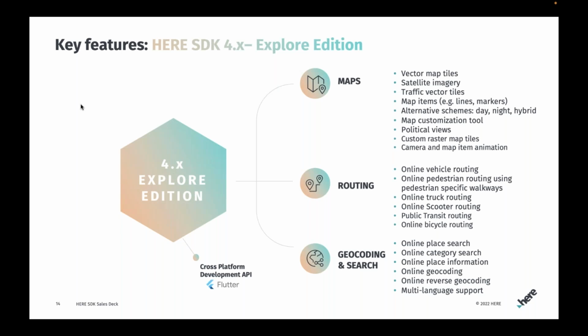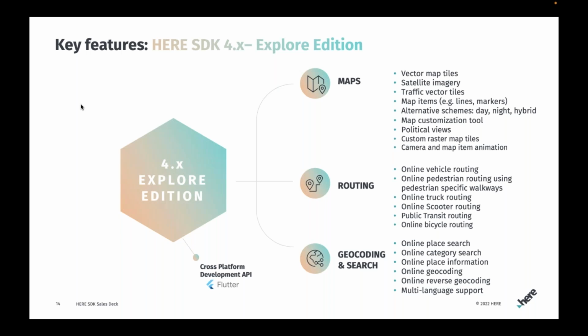The Explorer edition, as I said, is mostly for online usage only, for a mobile companion application, be it for T&L or automotive, where you would be able to provide the user an application which will help the user find where the truck or car was parked and give a route overview from the current location to the car, etc. These are some of the examples that we have commonly come across or been requested as use cases.